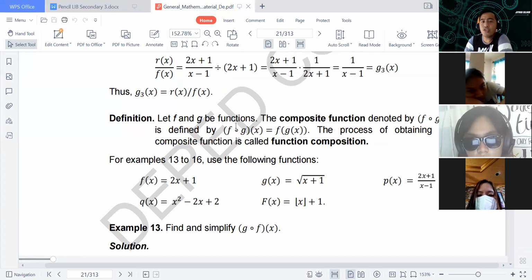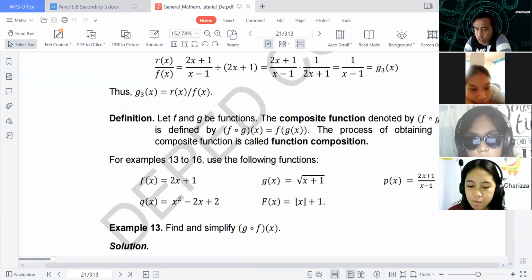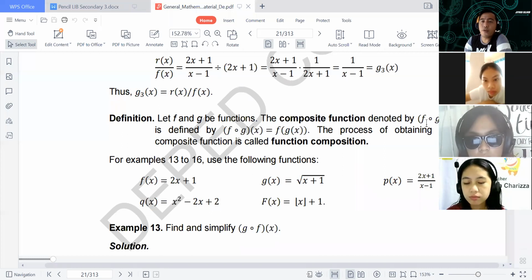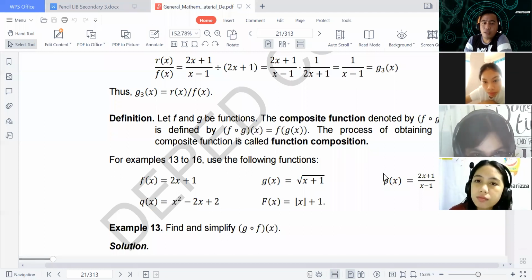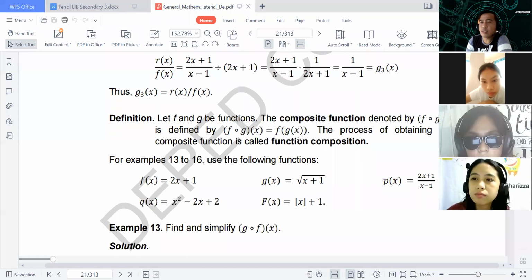Let f and g be functions. The composite function is defined by f, with a small circle, that's the notation for the composite function. The composition of function of f and g is defined by f of g of x. So this is the idea, class.